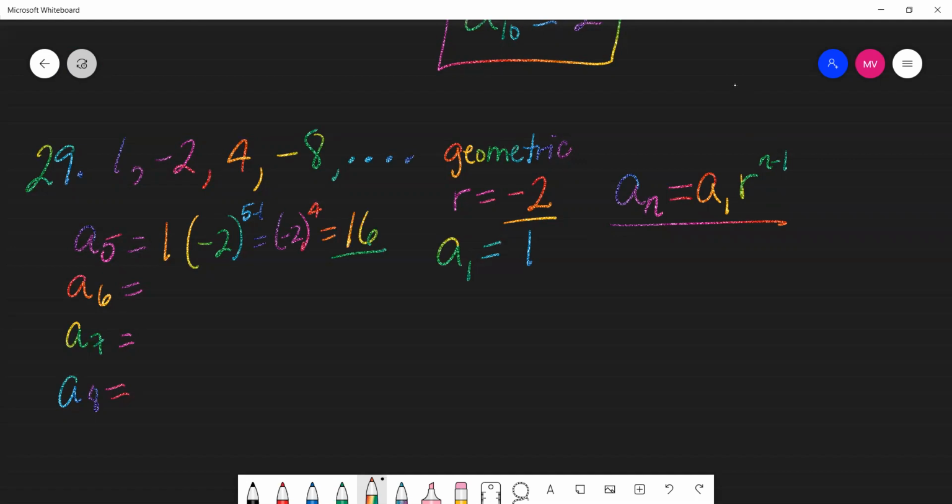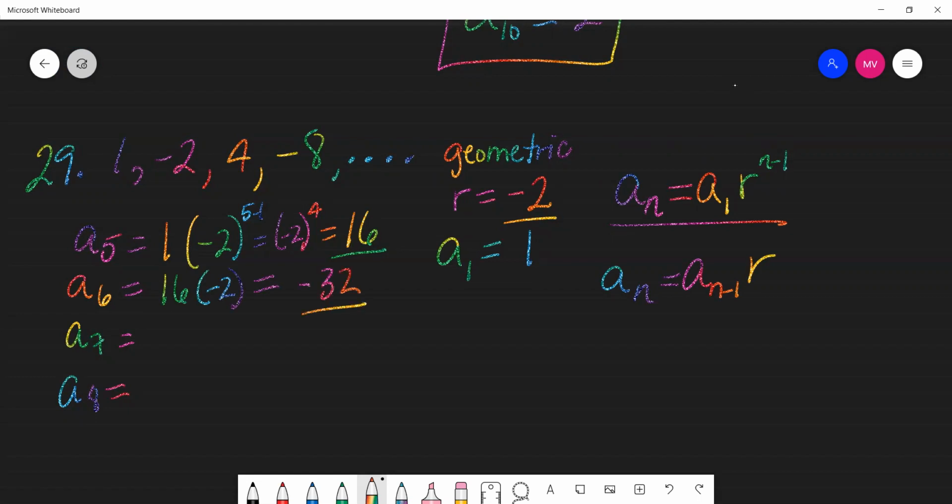And then A6, using our recursive formula, AN equals AN minus 1 times R, where N is 6: the previous term, which is 16, times our ratio, which is -2, gives us -32.